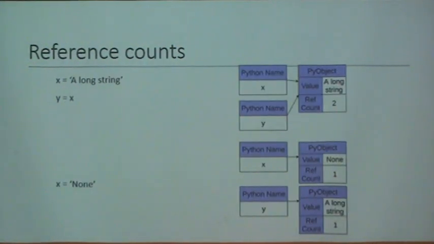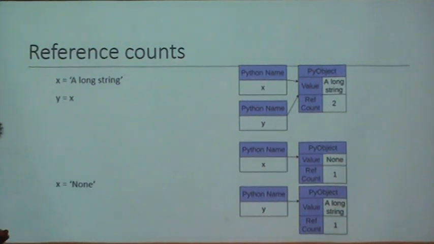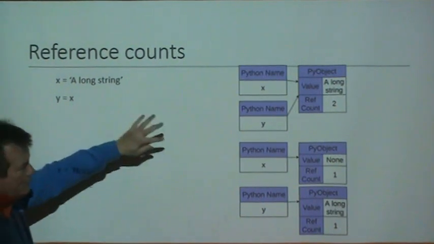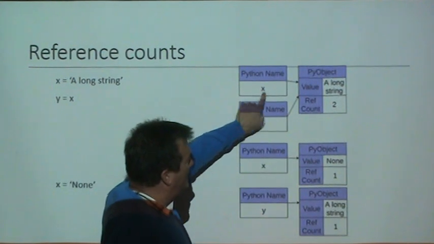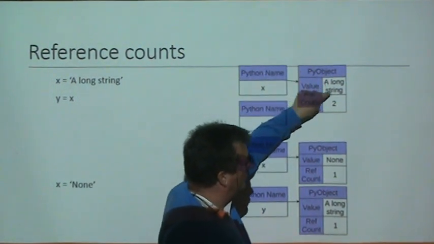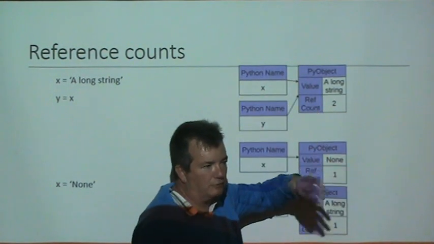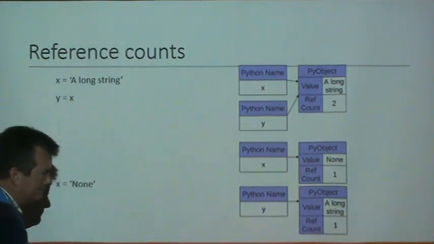So here's what Python's going to do. If you say x equals a long string, and then y is equal to x, here's what Python's doing. Python creates a variable name called x, and it creates an object whose value is a long string, and it has a field in it called a reference counter: how many variables are currently referring to it?